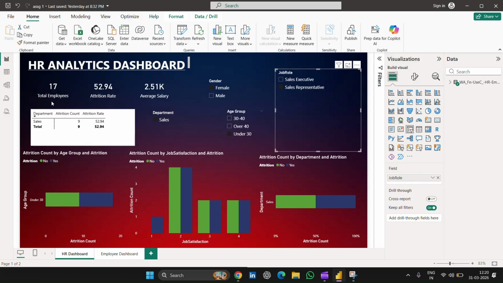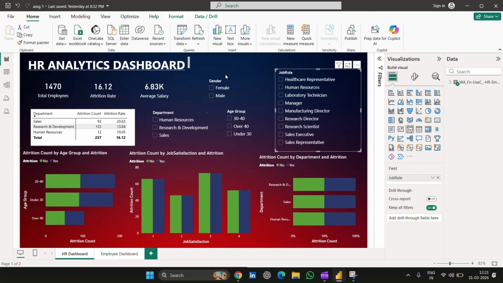You can see how many employees there are, what the attrition rate of the female gender is, what the monthly average salary of the employees is, and the age group, job satisfaction and department charts according to the slicer selections I have chosen, and the department table too.